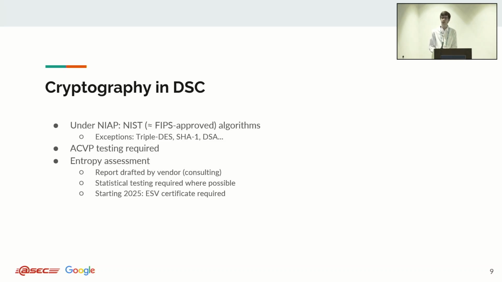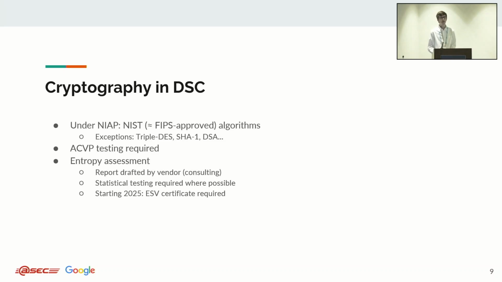Each scheme under which you validate, even though the DSC PP might be validated under different schemes, might impose rules on which algorithms they like or don't like, and NIAP likes the NIST algorithms, so you would be restricted to those. But if you have a FIPS module, that shouldn't be any problem because you should be using the NIST algorithms anyway. There's some small exceptions like Triple-DES, SHA-1, DSA that NIAP doesn't allow generally, whereas NIST, or I guess CMVP, is phasing them out right now.